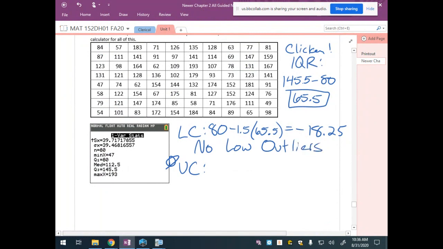Now, the upper cutoff would be 145.5 plus 1.5 times 65.5. And for that, we would get 243.75. Are there any values above that?